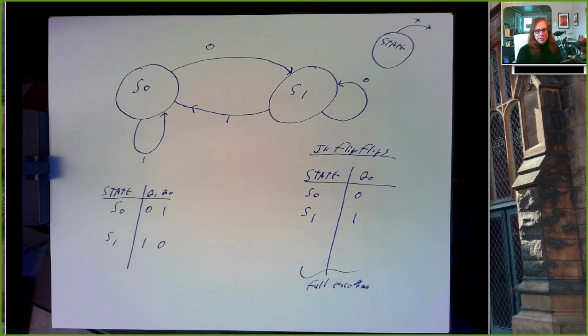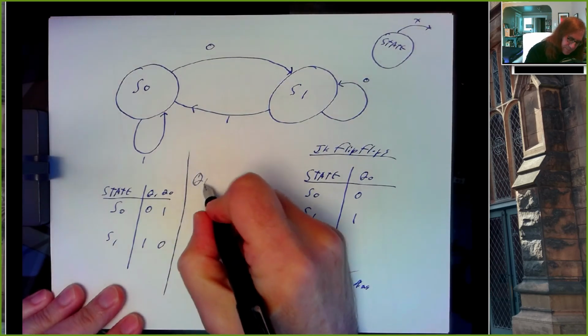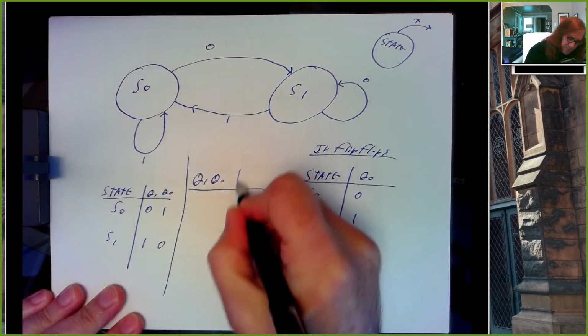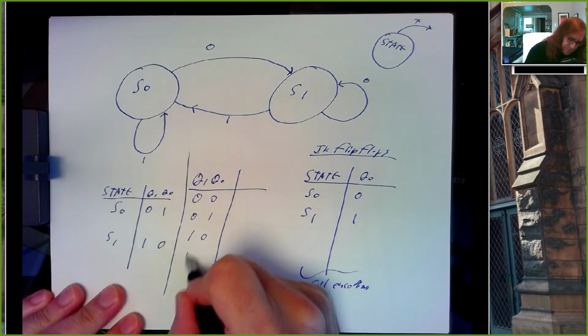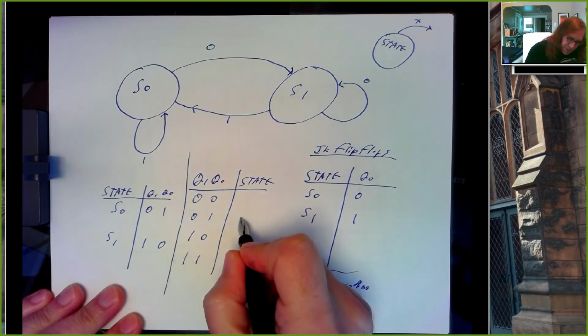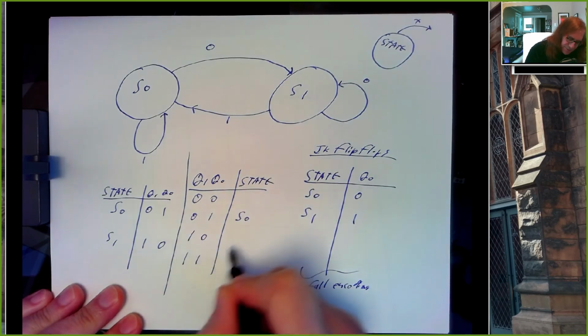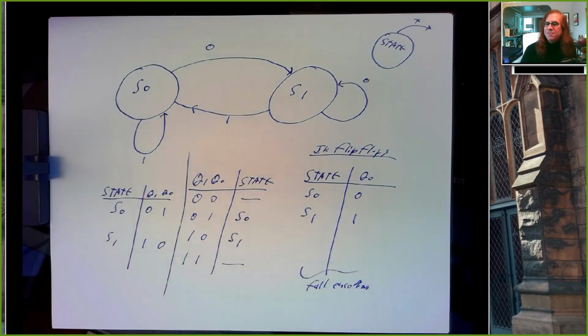Because what we're going to do is basically say the following. So 0, 1, that's state S0, 1, 0, that's state S1. These are going to be considered invalid or don't care states.